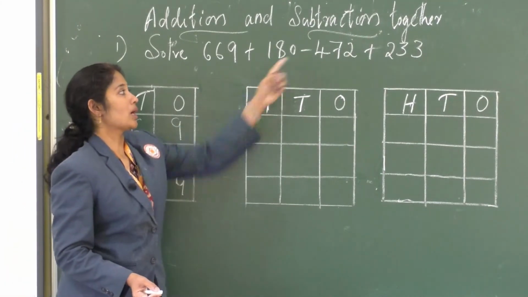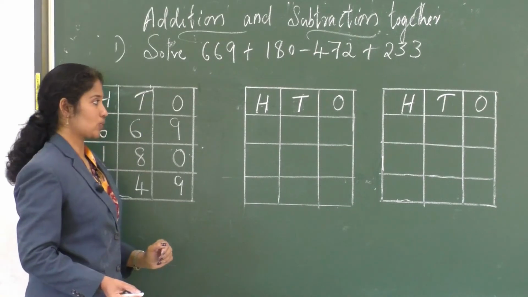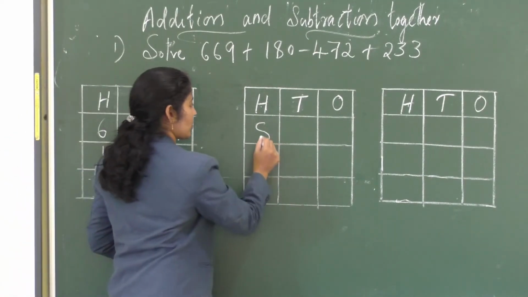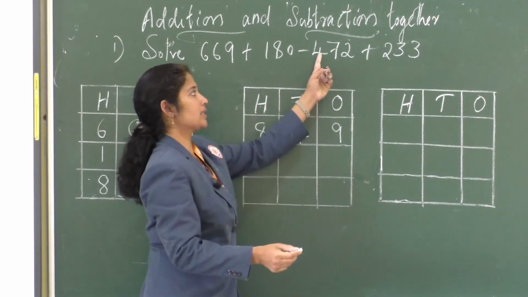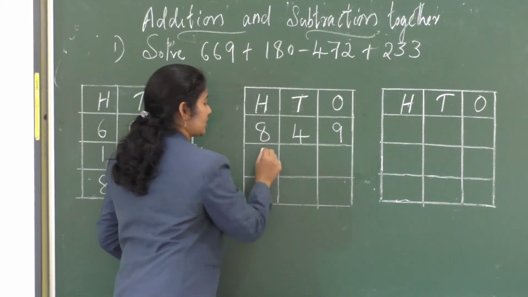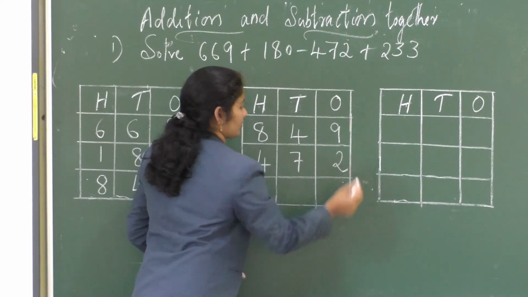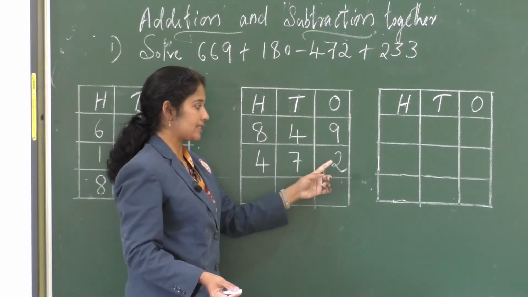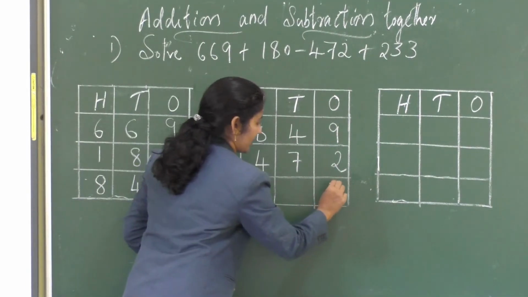Next which? Yes, minus 472. So we got a sum 849. We have to subtract 472. We have to check first ones place. Yes, ones place 9 and 2. So 9 minus 2, 7.